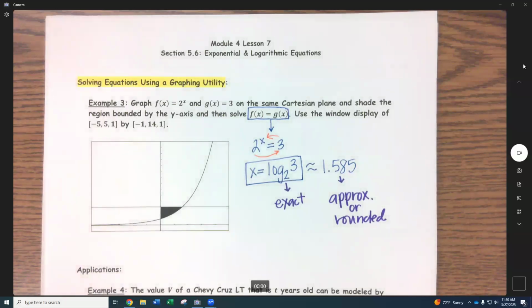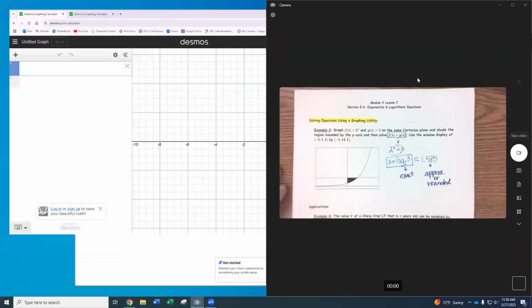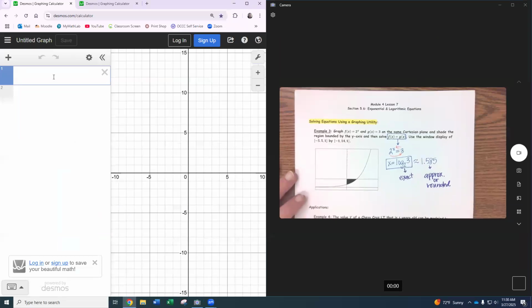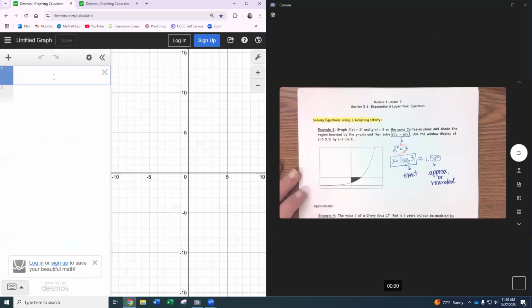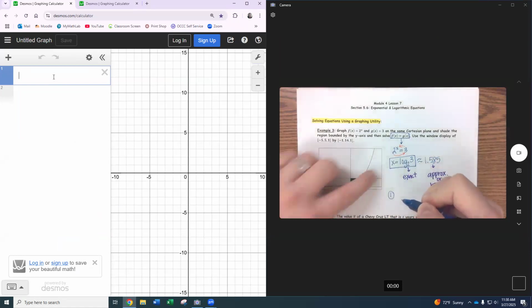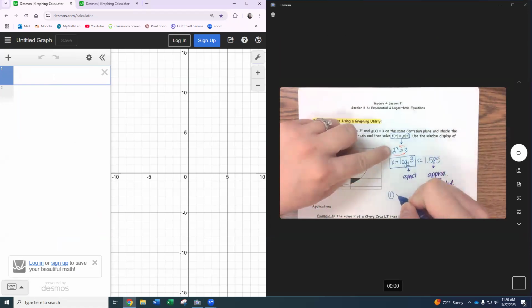Now, if we wanted to solve this one by graphing, I'm going to pull up DESMOS here. When I put this into DESMOS, in my line 1, I'm going to put y equals the right side.